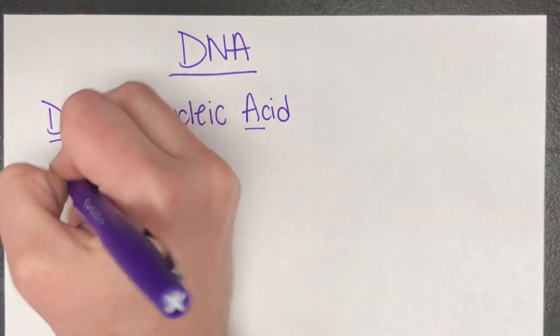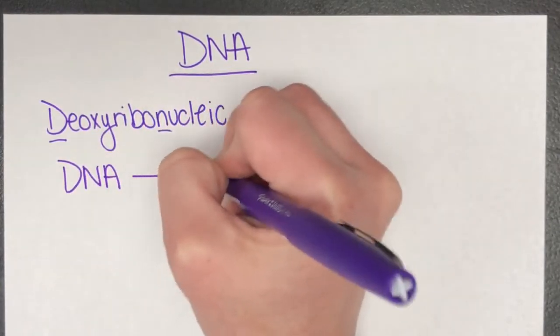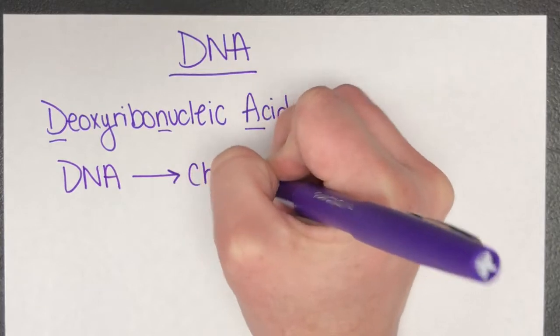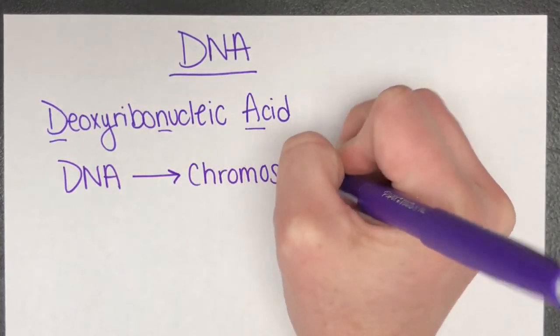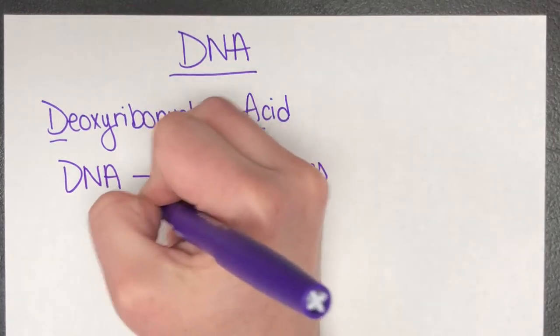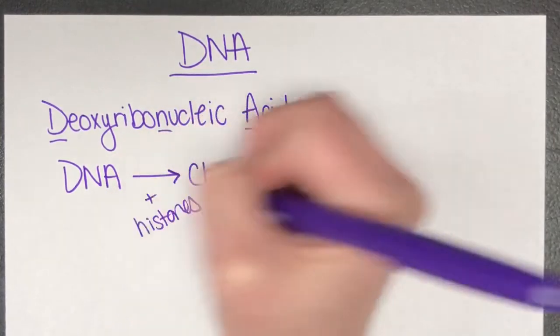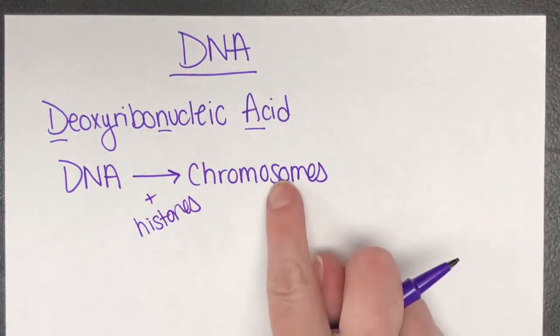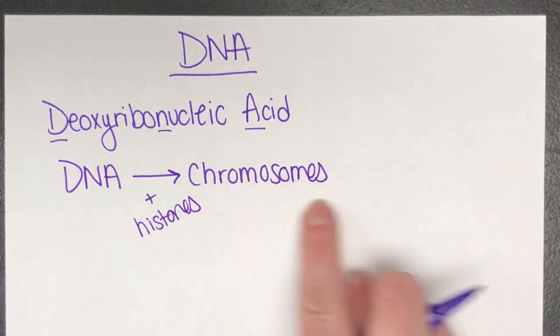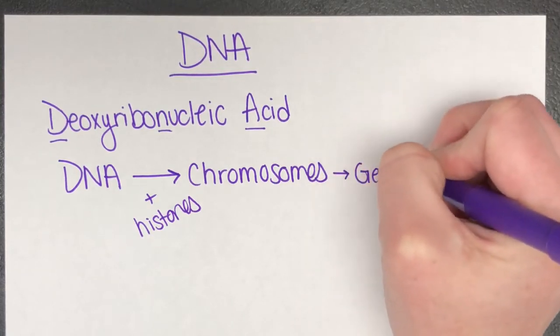So, DNA is usually found in the form of chromosomes. Chromosomes are made up of DNA wound around proteins called histones. So, chromosomes are then composed of genes.